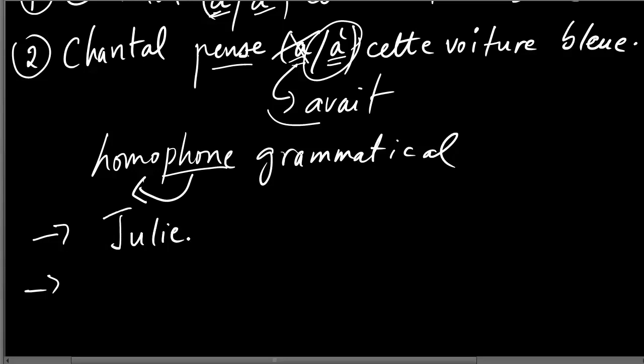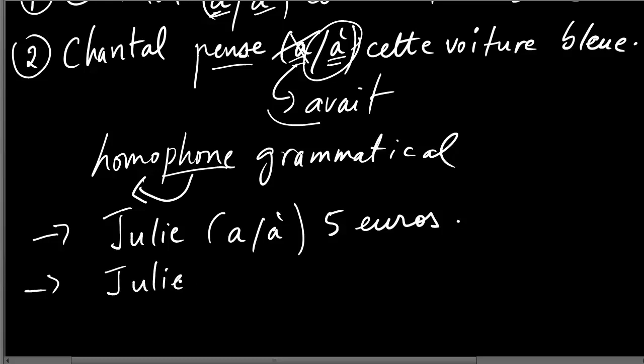Julie a versus à 5 euros, and the next one, Julie parle à versus a Roger.